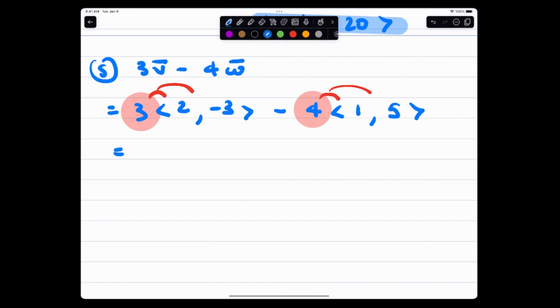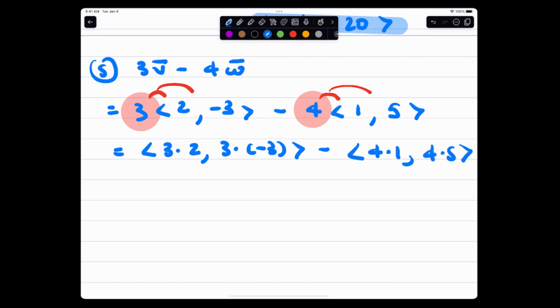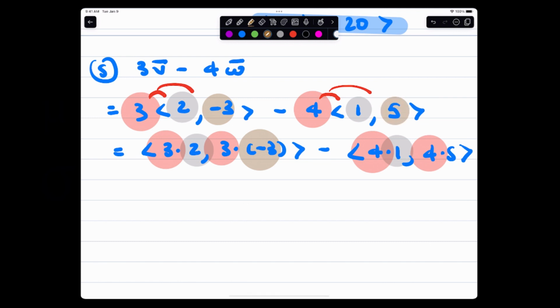So this becomes 3 times 2, that's the 3 with the first component, 3 times that negative 3, the second component, minus 4 times 1, and then 4 times 5. So you're going to distribute with your scalar multiplication here. All right, you guys see all the details here? Does the colors help? Okay. Colors help. There you guys go. What do you guys see?